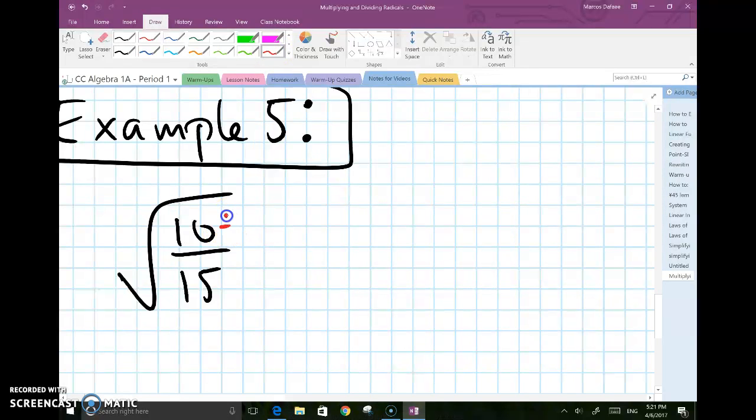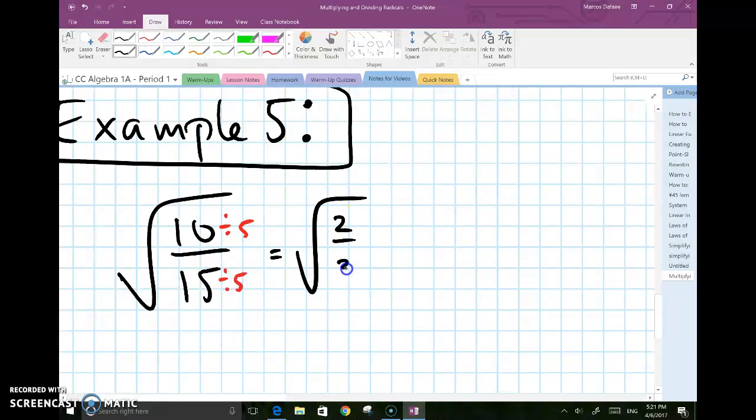And I know if I divide each one by a 5, I get a nicer radical to look at. So this would be 2 over 3. Now I can split this up, so it's radical 2 over radical 3. And now I can deal with this radical in the denominator by eliminating it like this.